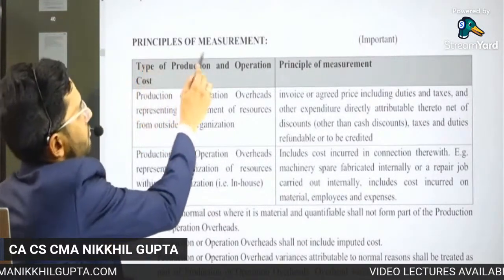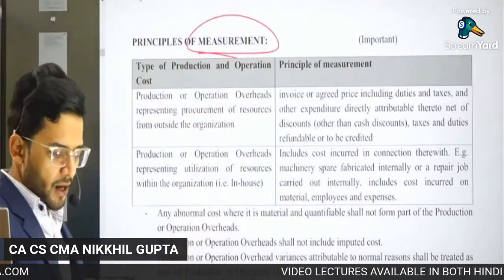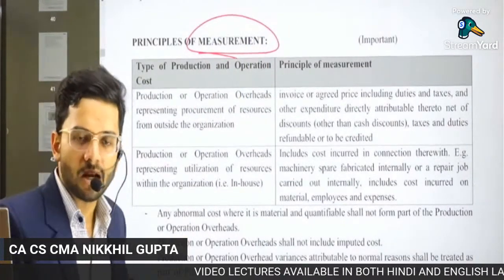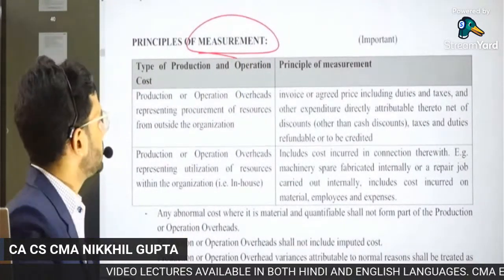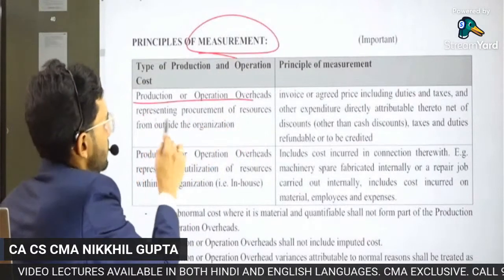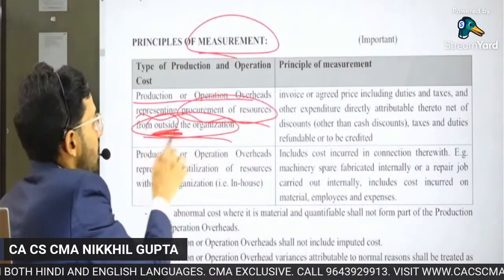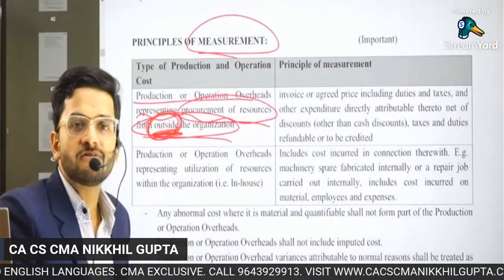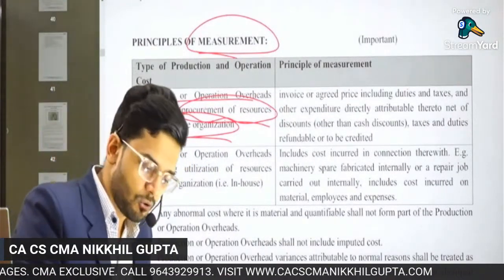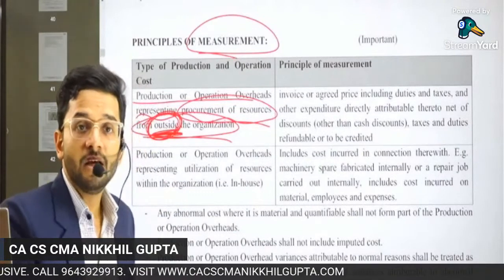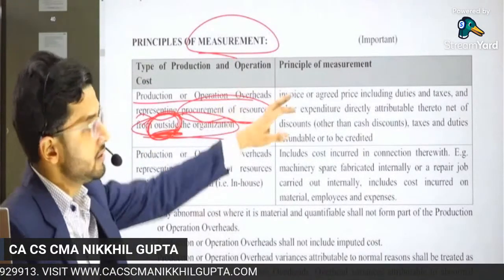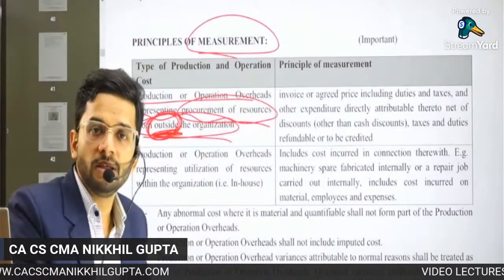How the amount of overhead can be calculated? Number one, production or operation overheads represent procurement of resources from outside the organization. If we are purchasing the overheads from outside the organization, then what will be the total cost that will be incurred?